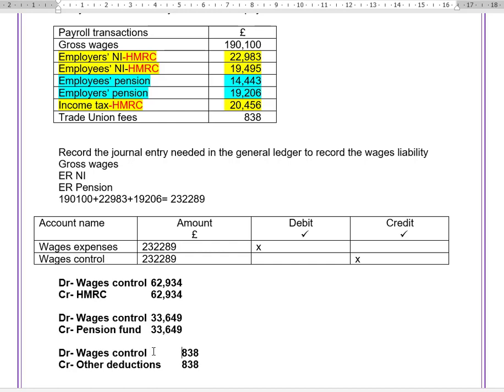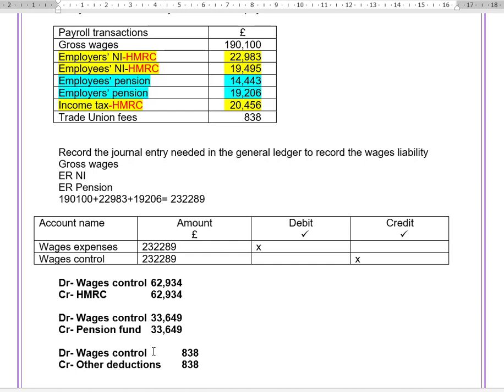So it's important to be clear with what element goes to HMRC, and that is employees NI, employers NI, and then income tax. And then establish what is the liability to the pension company, the employees pension, employers pension.